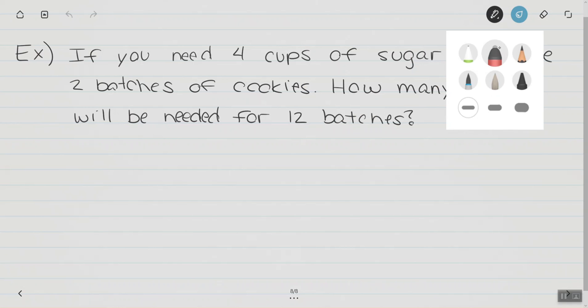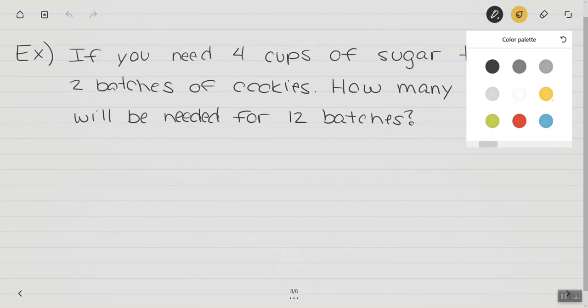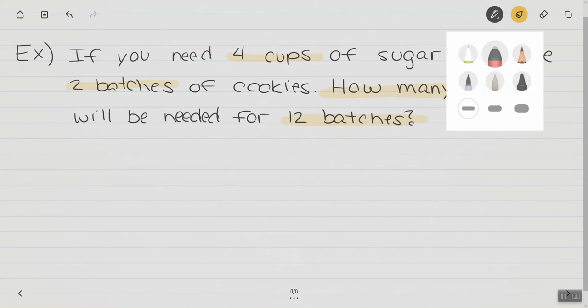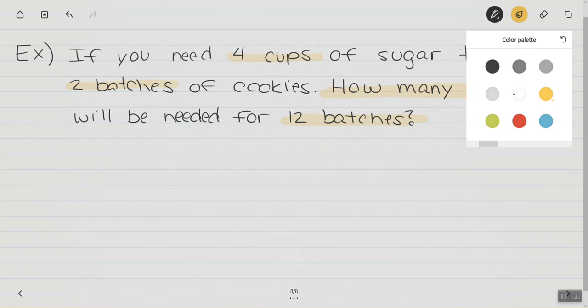So let's highlight what we have important in this problem. It says you need 4 cups of sugar to make 2 batches of cookies. So 4 cups to 2 batches. That's a ratio. How many cups will be needed to make 12 batches? So that's another ratio, but I'm missing this information right here, the how many cups.